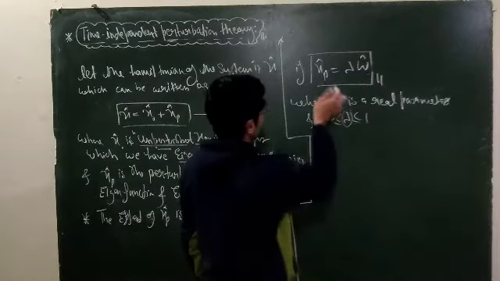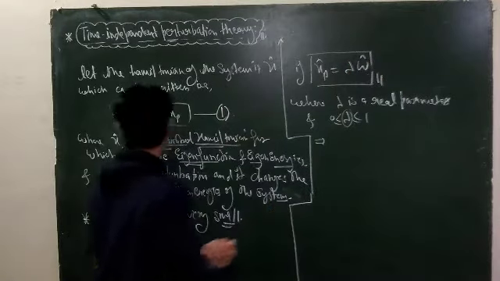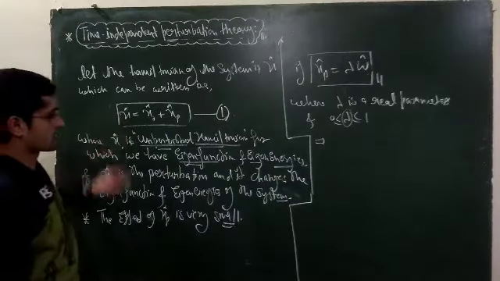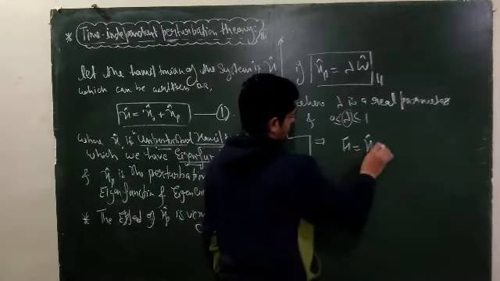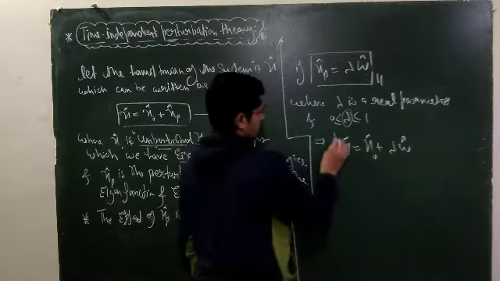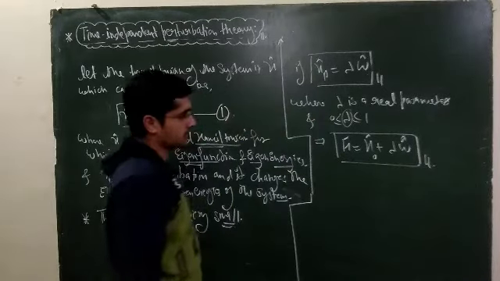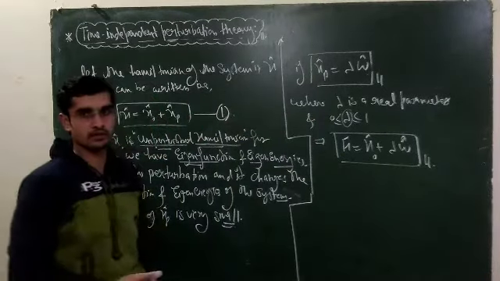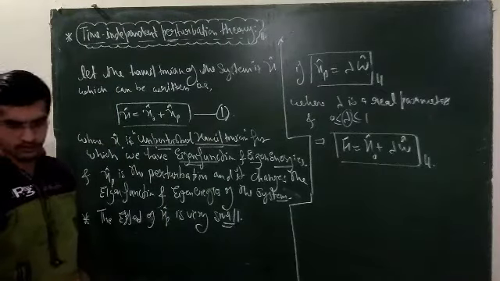So if HP can be written in this form, then the Hamiltonian of the system can be written as H naught plus lambda W, right? This is the Hamiltonian that we want to solve the Schrodinger equation for.